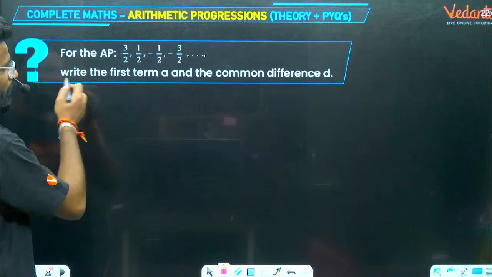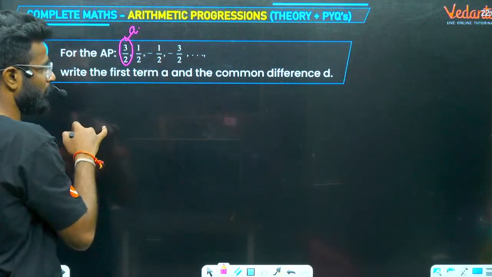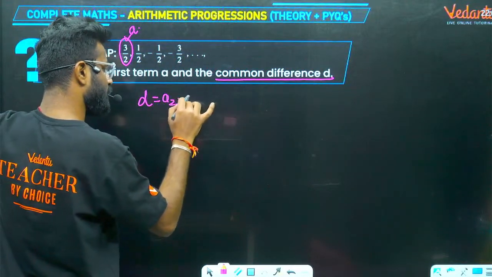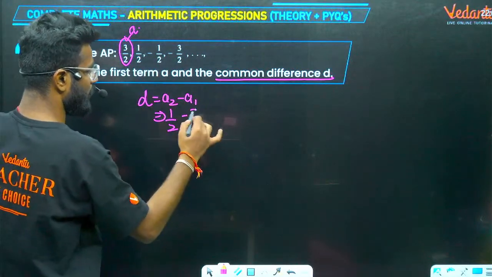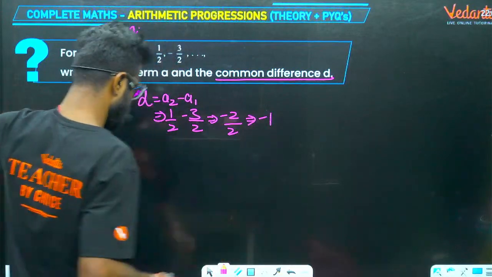For the AP, write the first term. First term is 3 by 2. A is 3 by 2. And the common difference is second term minus first term. Second term is 1 by 2 and the first term is 3 by 2. Simple, minus 2 by 2, that is minus 1.